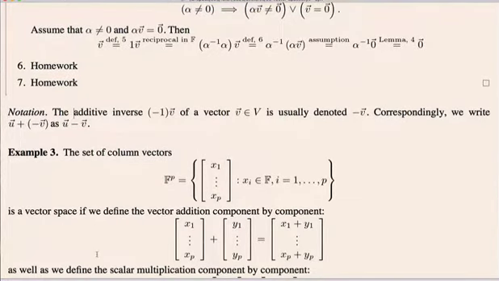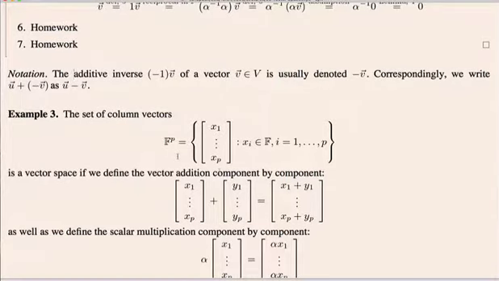Some examples. For example, the set of column vectors F^p, where we have components x1 through xp, and these xi components are scalars, either real or complex, as i goes from 1 to p. So this can also be called the vector space of p-vectors. We define the vector addition by the usual component by component addition.